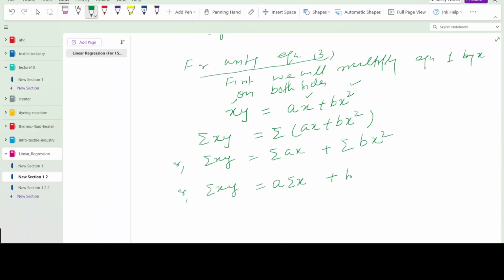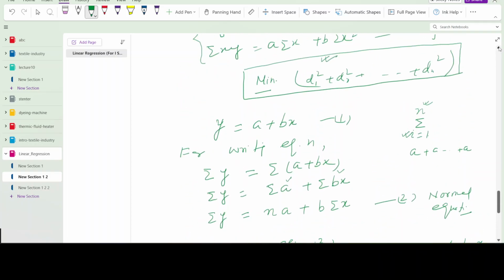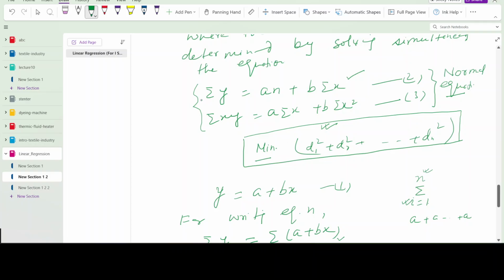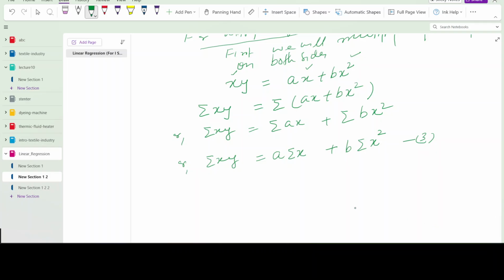Again here b is constant, and so this is the equation 3. We have understood how we have written these two equations. Remember, this is the method of remembering these normal equations.